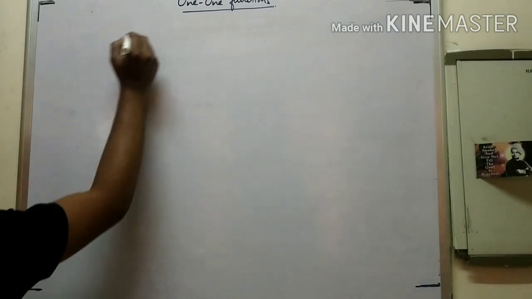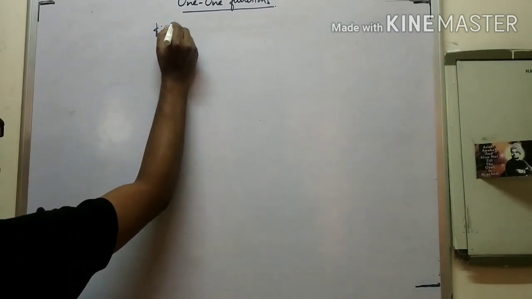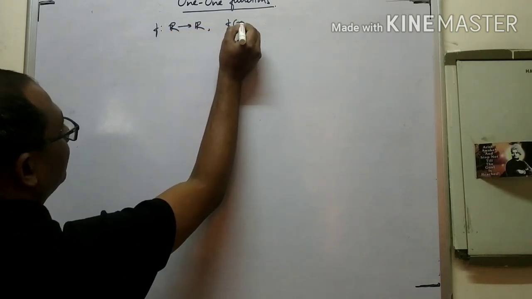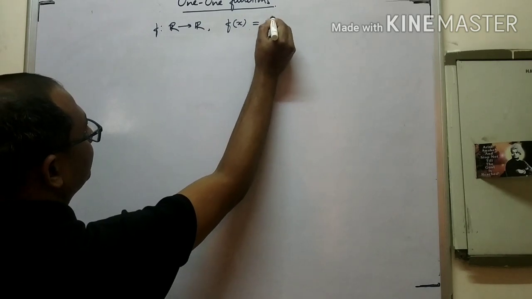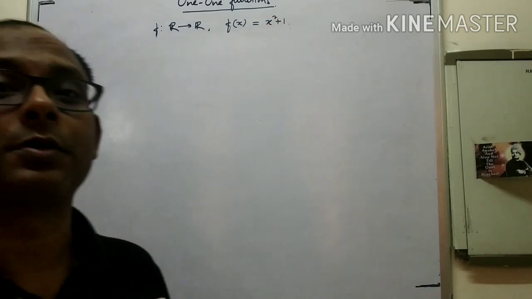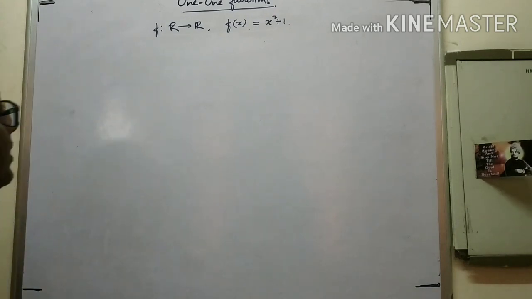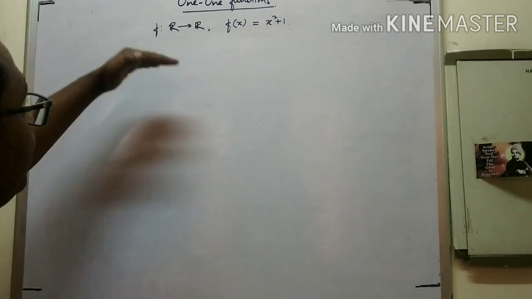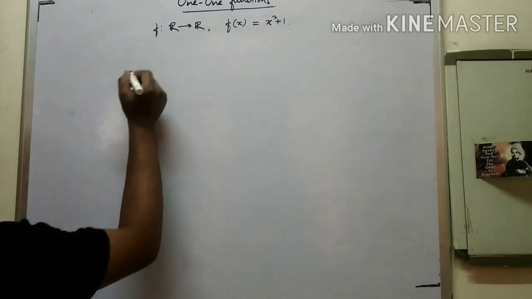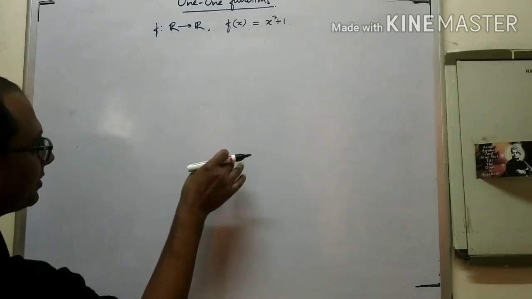Suppose f from R to R, real number to real number, and f(x) is given by x squared plus 1. And we have to check whether this function is 1-1 or not. There are many methods actually to prove this function to be 1-1 or not 1-1. So let us go for the first one that we have discussed just now.